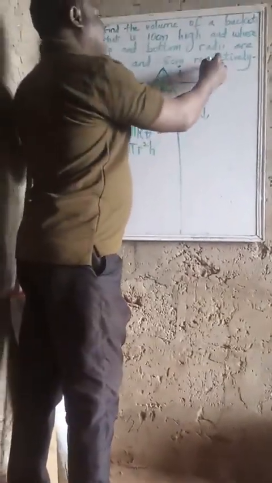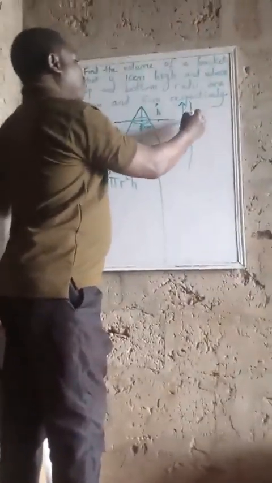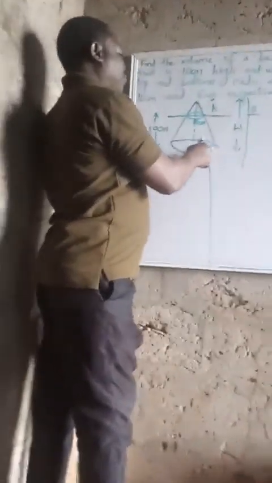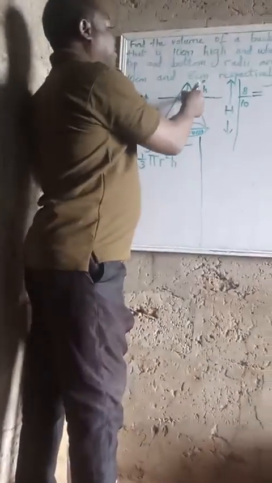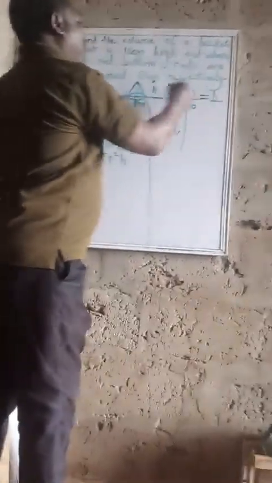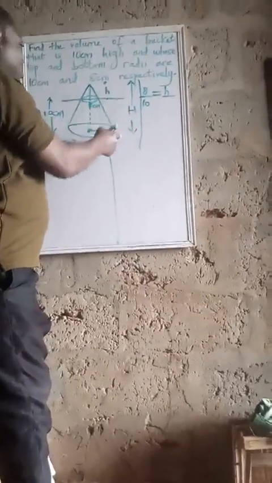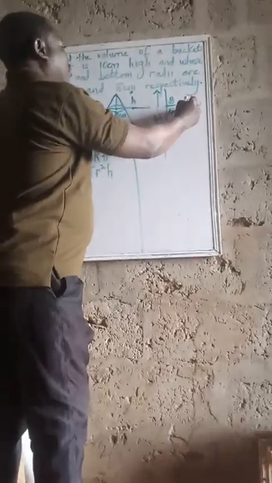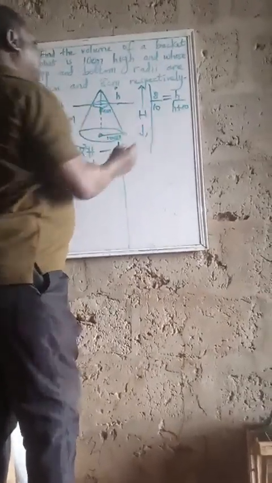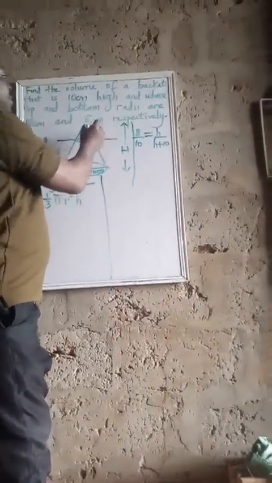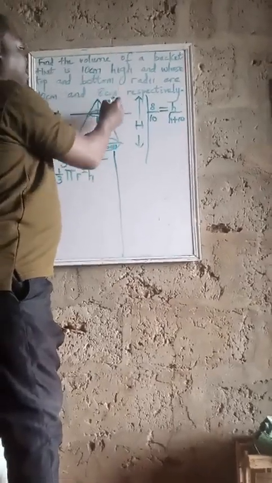According to the similar shape principle, the radius of the small cone over the radius of the big cone is equal to the height of the small cone over the total height of the big cone, that is h plus 10.